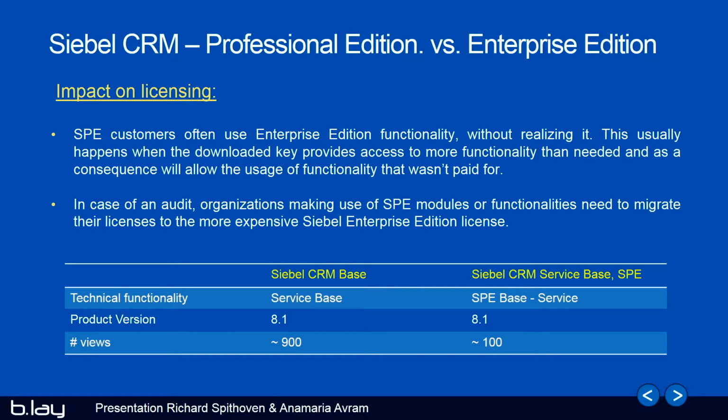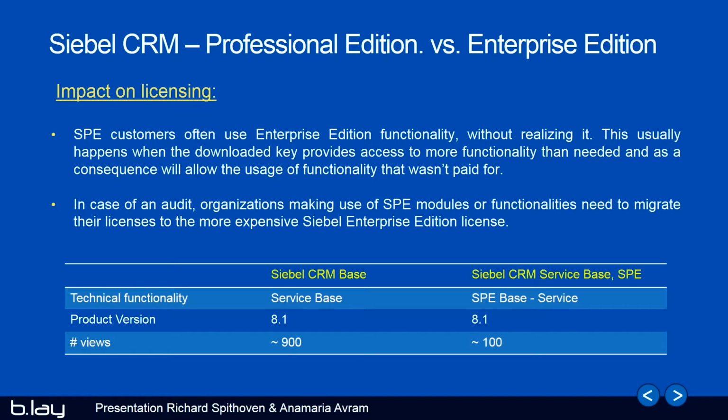If you look behind the technical functionality for these two products, you will see that the number of views is quite different. You can find approximately 900 views for the Enterprise Edition product, which is Siebel CRM Base, while for the Professional Edition product you can find only 100.